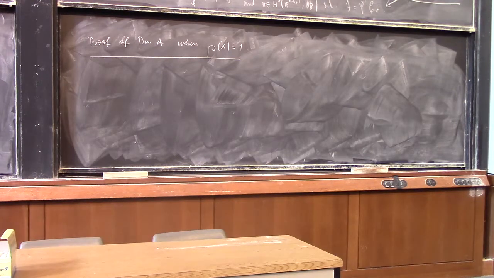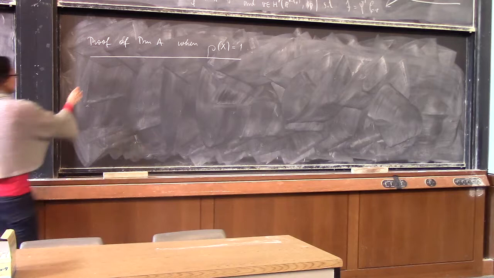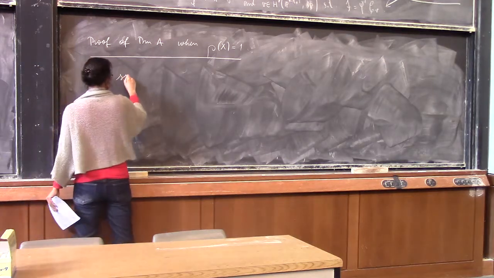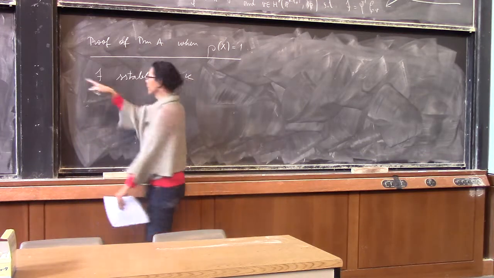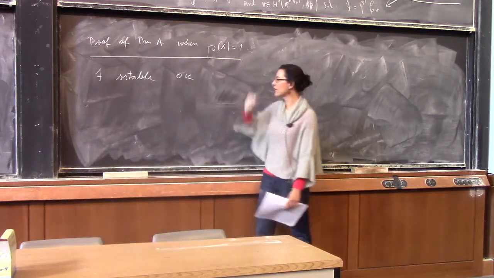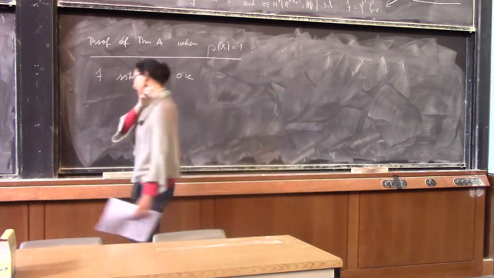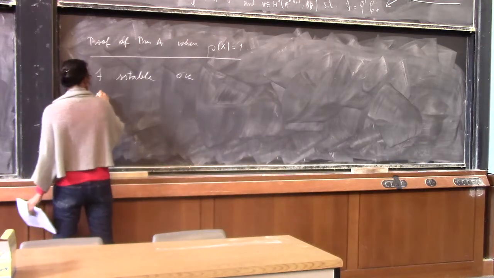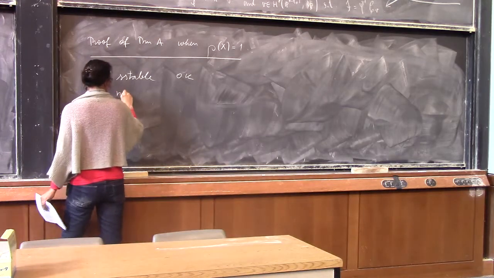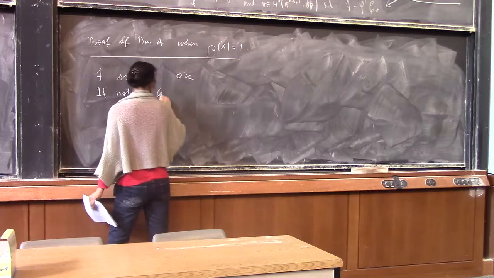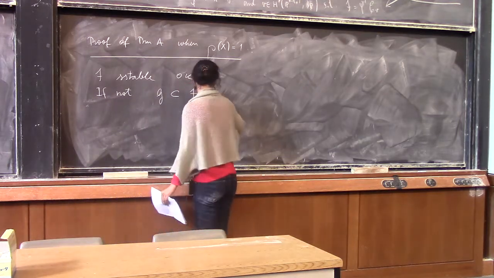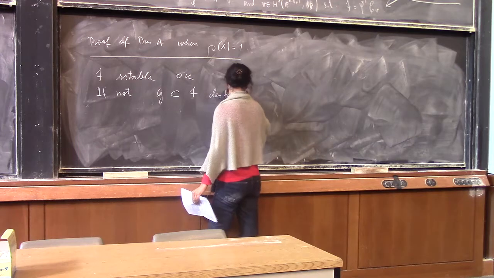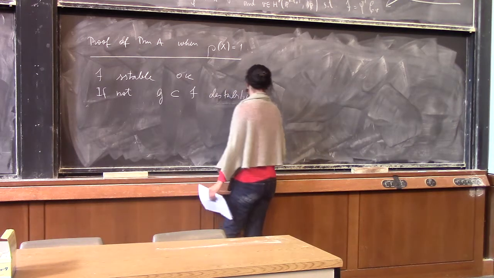Okay, so if F is semi-stable, then the corollary tells us that it is algebraic with rationally connected leaves. Now, if not, we can take G, a destabilizing subsheaf. So what does that mean?